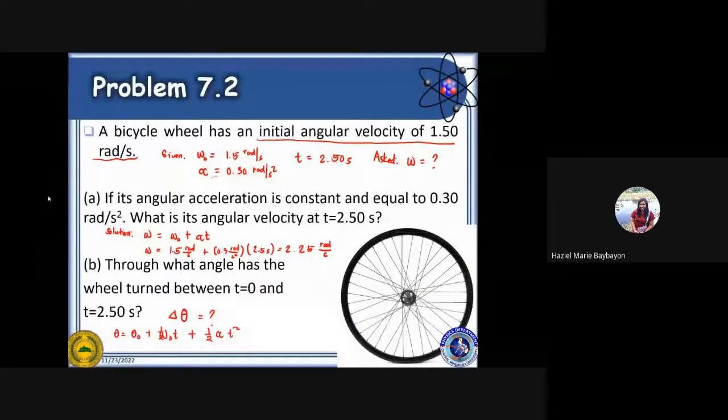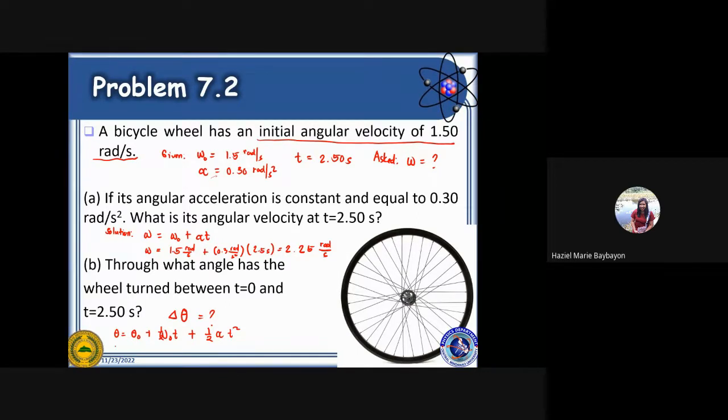Okay, so this is basically the third equation: omega naught t plus 1/2 alpha t squared. The theta naught that was here earlier is moved to the left-hand side of the equation. So theta minus theta naught equals omega naught t plus 1/2 alpha t squared. Okay, it is just the same. Now, we are asked to find delta theta.